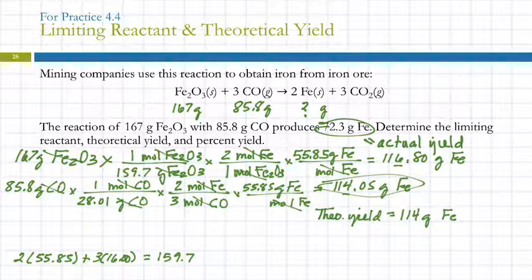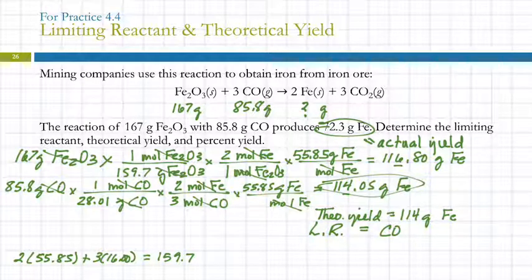They want to know what is the limiting reactant, the thing that's going to be used up. So I've identified the smallest amount of product. I just trace this back to the beginning and see which reactant gave that to me. It was the CO. So carbon monoxide is the limiting reactant, often just LR. Limiting reactant is the carbon monoxide.